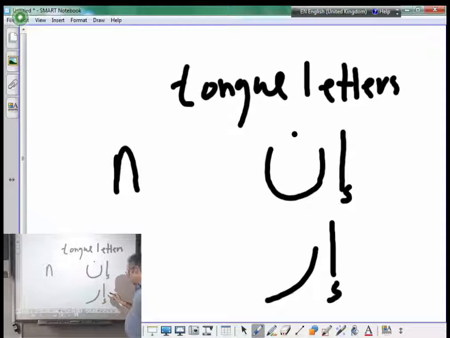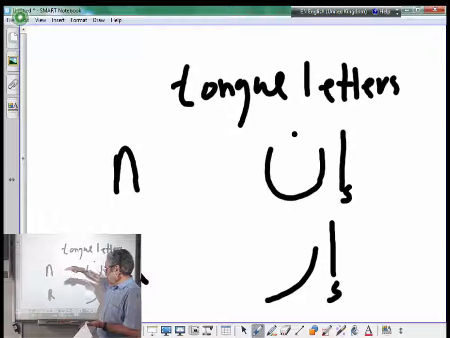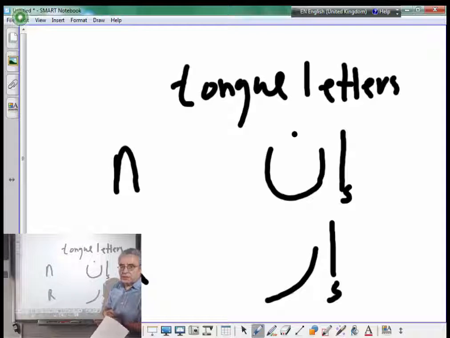In English we can say R, but it's not exactly R because we get it out of this touching of the underside of the tip of the tongue with the palate of the mouth. So r.